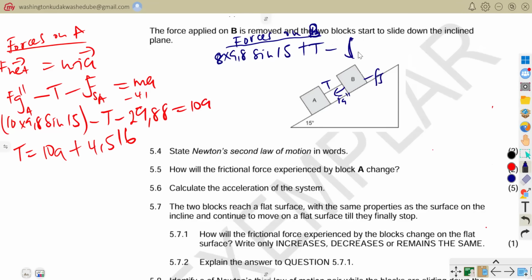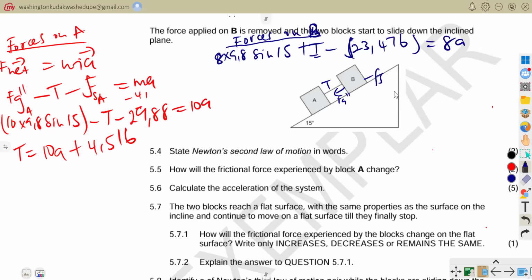We are saying our Fs is going to be 23.476, being equal to 8a.